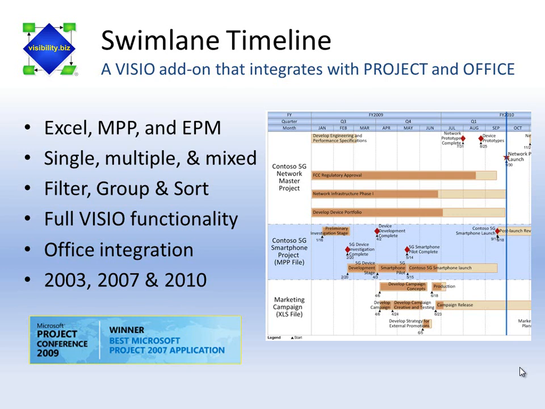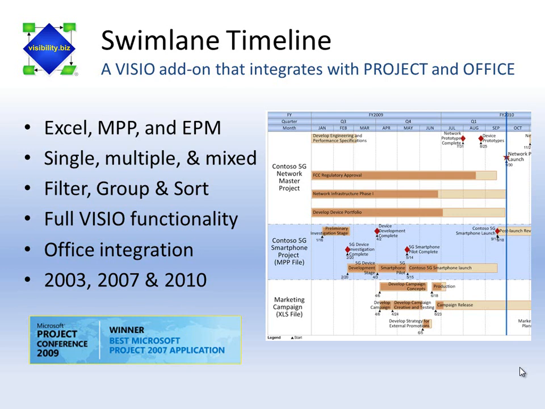The Swimlane Timeline allows you to filter, to group, and sort your tasks so you can really focus in on what you want to see. And because it's built on the Visio backbone, it provides all the Visio functionality that you're familiar with today, and allows you to integrate with other Office applications very easily.